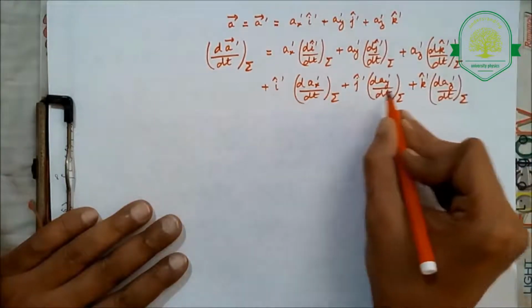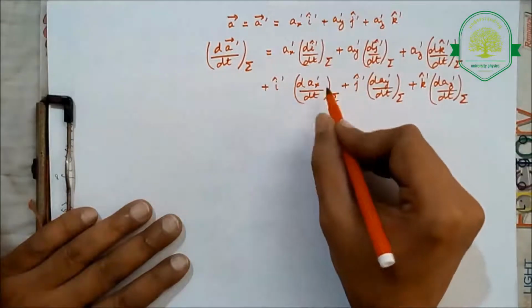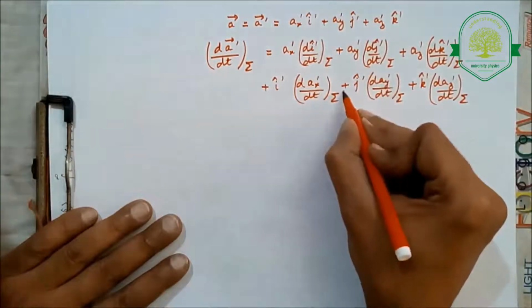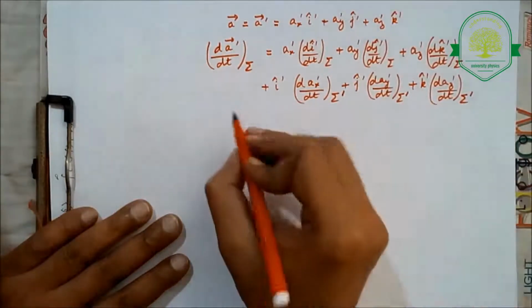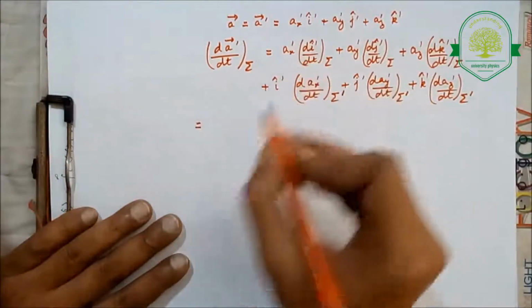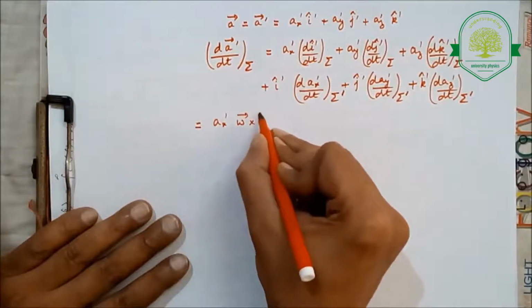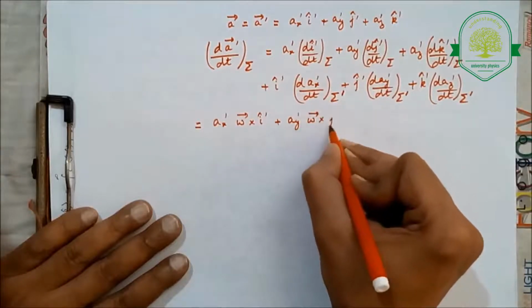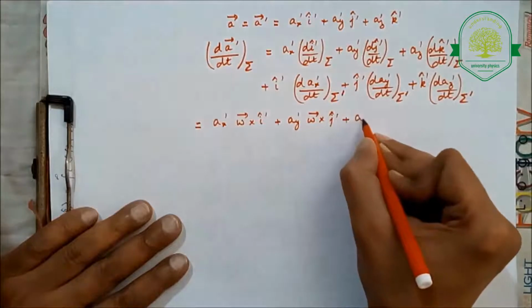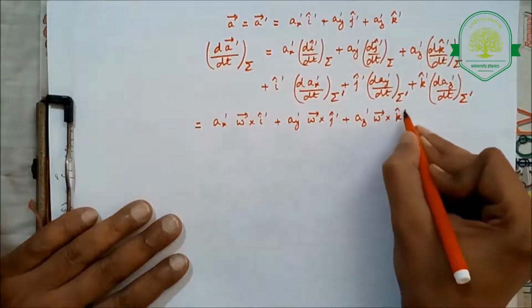And here, because we are differentiating terms which are scalar quantities, although they are functions of time, it does not matter from which frame I differentiate them, therefore I can differentiate them from the primed frame of reference. So the first term becomes ax primed omega cross i cap primed. Similarly, the second term is ay primed omega cross j cap primed. The third term is az primed omega cross k cap primed.